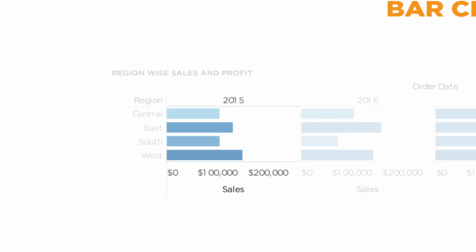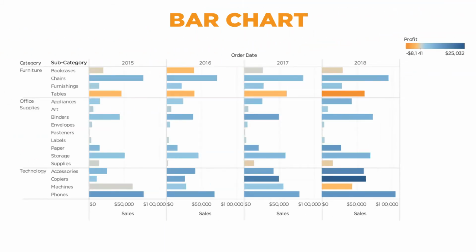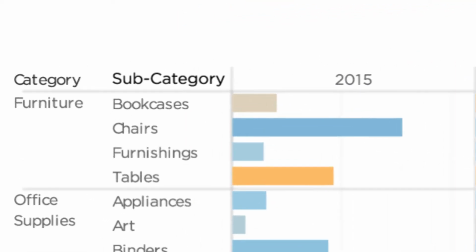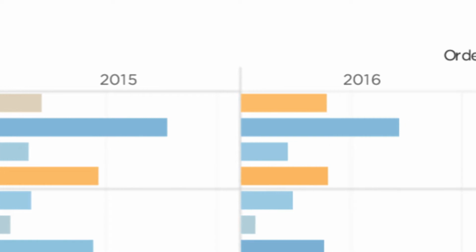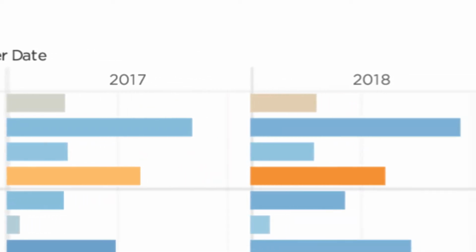But we also want to identify the weak points that are bringing the sales down. Let's try looking at data from a different perspective, a product-wise breakdown. A product-wise breakdown covers categories and subcategories of the products across order dates. Here, furniture seems to be the worst performing category, with furniture table being the worst performing product throughout.